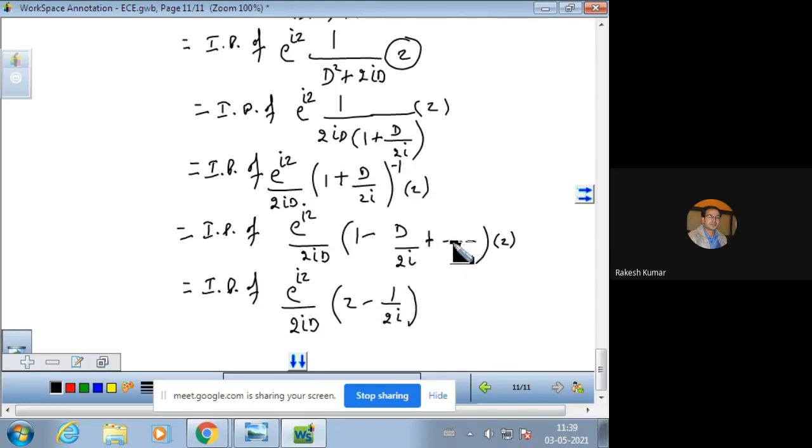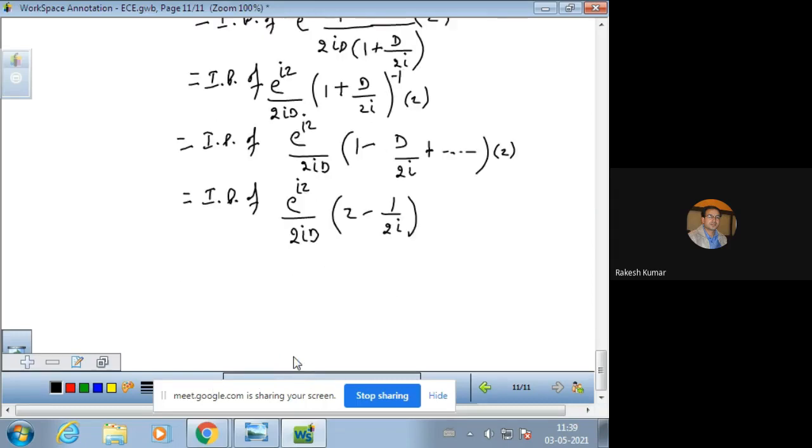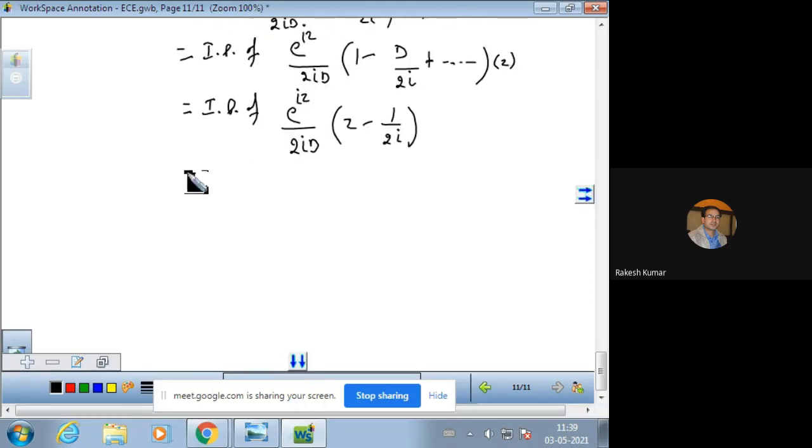Remaining terms हम यहाँ पर इसलिए नहीं लिख रहे हैं because next term में आएगा D square, and उससे भी very next में D cube. D square means double order derivative of z, and that will always be 0. So imaginary part of, now we require iota in the numerator. So e raised to power iota z over 2 iota D into iota upon iota z minus 1 by 2 iota.